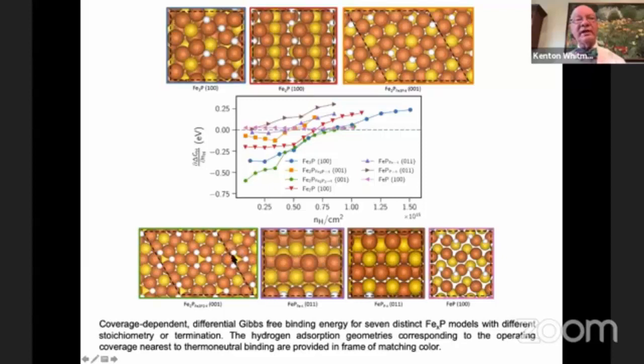So it actually adopts not just a doubly bridging site, as you might see here, or a terminal site, which you can see here, but it actually will associate itself with 3 irons. And that gives a thermoneutral ability for the hydrogen to associate and dissociate from the surface, which is what you need for good catalytic activity to produce hydrogen in these systems.